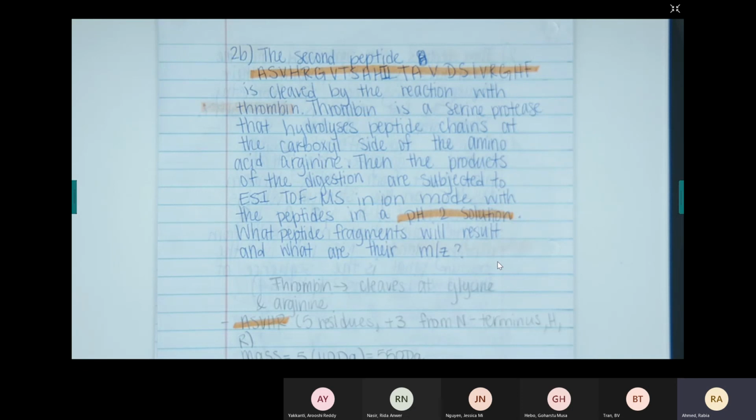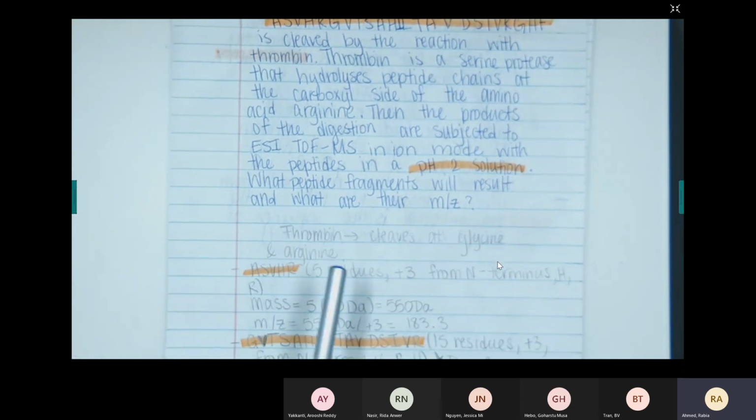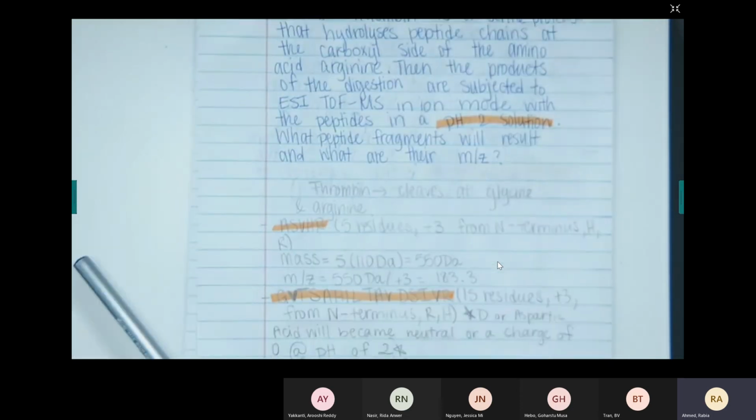In class, I know you haven't gone to lecture after your exam 1, but you're going to have to memorize the different peptide cleavages like trypsin, chymotrypsin. We're using thrombin. So in this case, thrombin will cleave at the glycine and arginine side for the peptide given to me.